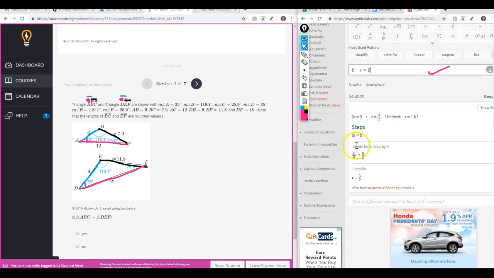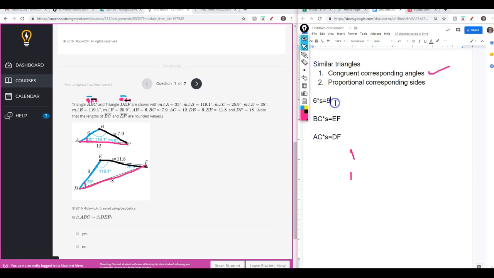So here's the steps. We're going to first divide both sides by 6. So 6 divided by 6 reduces down to a 1. So that's where that goes. And again, remember that that's implied. 9 divided by 6 is 3/2. That means that S is equal to 3/2.